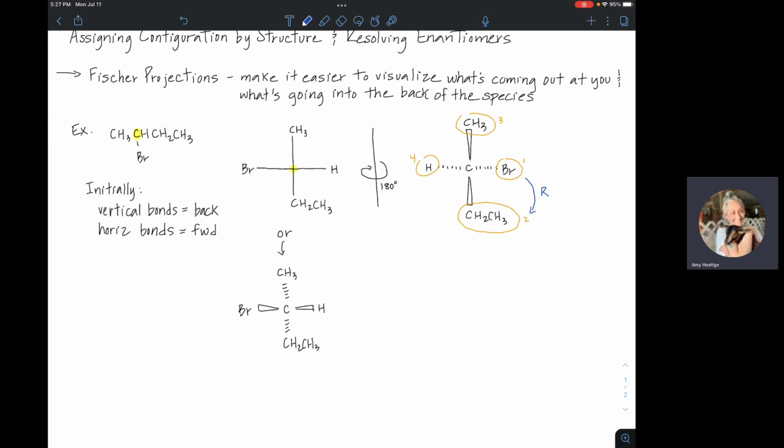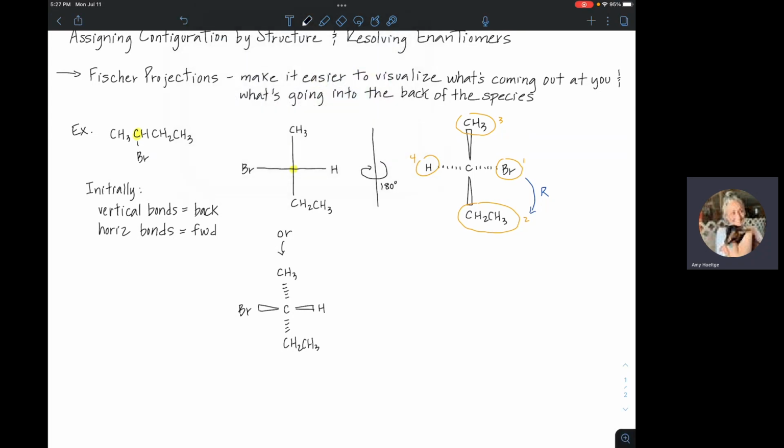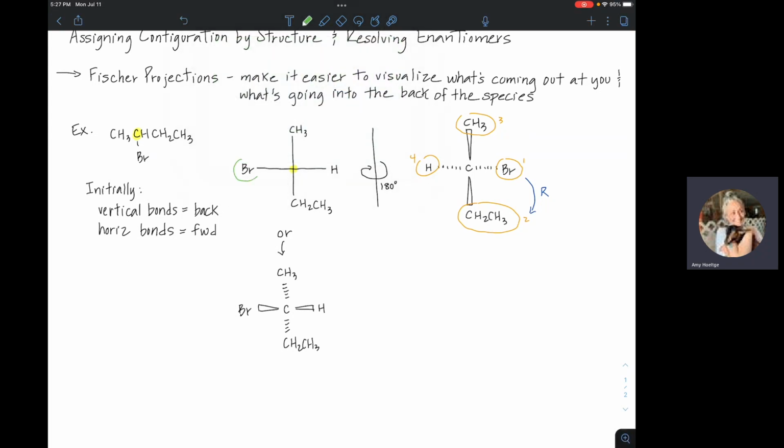Now you don't have to draw it like this and flip it and redraw it, and that's annoying, right? What you could do is assign configuration to your original molecule. So we could do it the same way. I'll just color these differently just to show you that we're taking another stab at this, but this time without redrawing the structure, because that can be annoying.